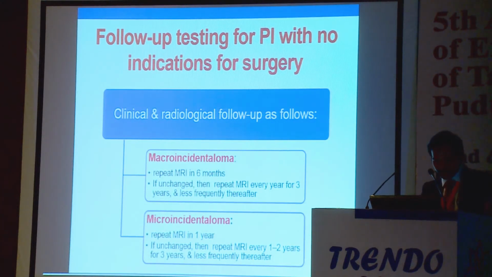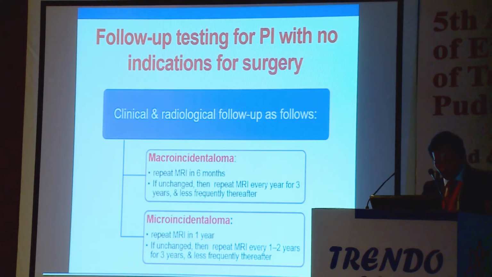If at 6 months it is unchanged, we are encouraged to repeat the MRI every year for 3 years and less frequently thereafter. If on the other hand there is a slight increase in size in between, then we will have to use clinical judgment and do the follow-up at a shorter interval as the condition requires.